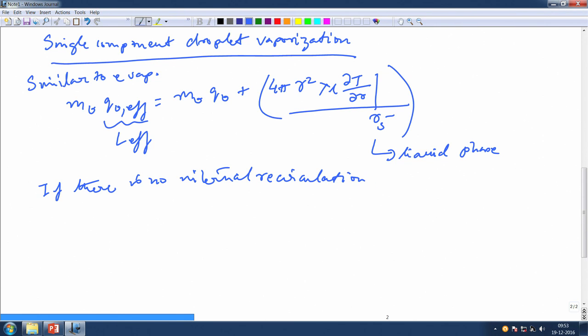the unsteady or transient heat transfer within the droplet is given as this, we are writing it within the droplet.